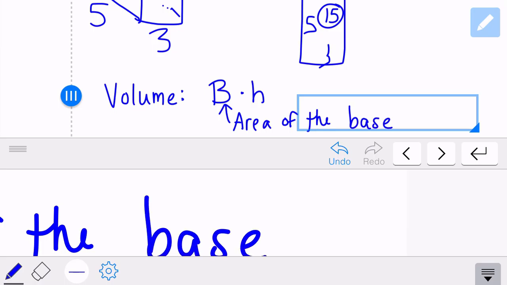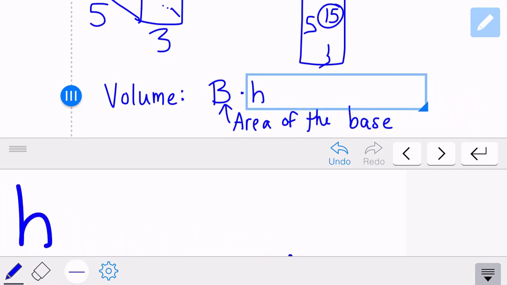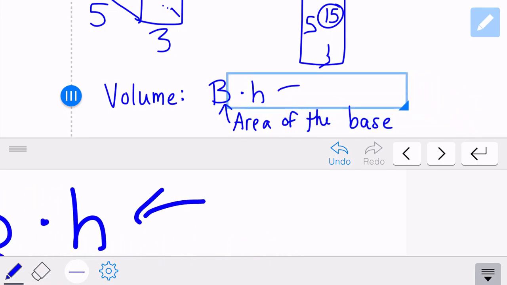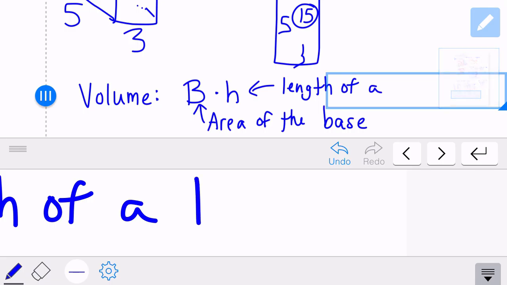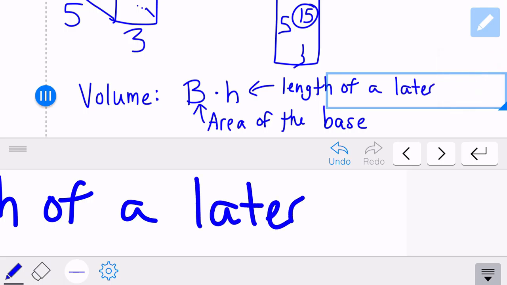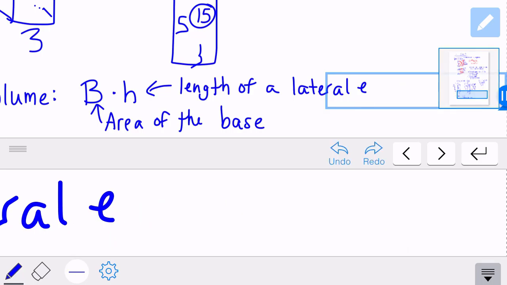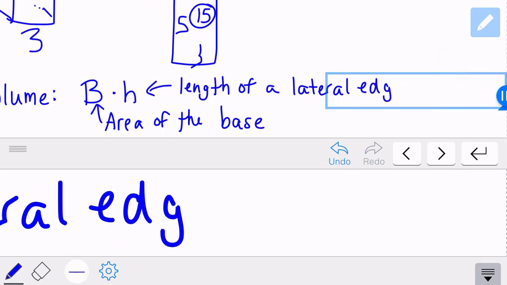So pick one of the bases, find the area of that, and you multiply it by the height. And the height, well, that's going to be the length of a lateral edge. So how far back do your lateral sides go?